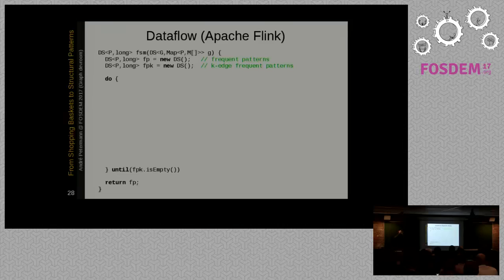For all who don't know Apache Flink, the basic abstraction is that you have data sets, and then you have transformations on these data sets, where a higher order function is a parameter. It's similar to lambda expressions, but for data sets. The idea is that the function is executed for each element of a data set, or for a group of elements, for example.